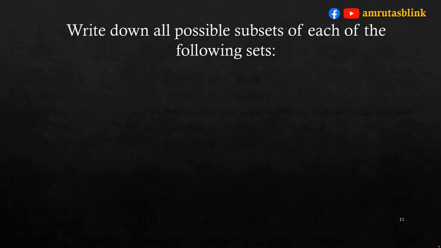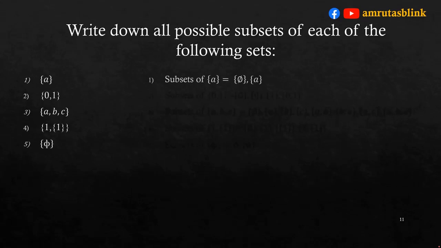Write down all the possible subsets of each of the following sets: singleton set with element A, {0, 1}, {A, B, C}, {{1}, 1} and {phi}. We'll find out subsets of each of the sets given in the question. Now for the first one, it is a singleton set, so subsets will be phi and the given set {A}.